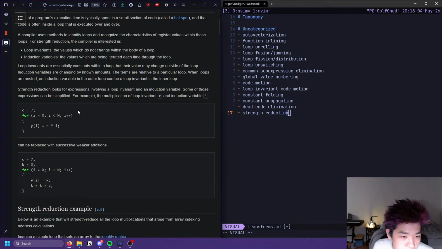So what's happening here? So the invariant here is C, and the induction variable is I. Huh? Oh, I see. Okay.